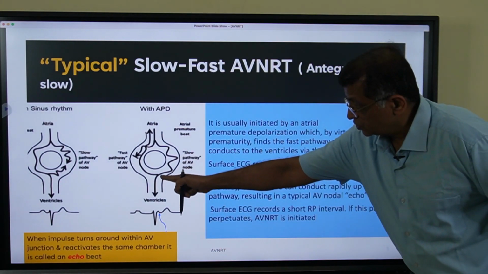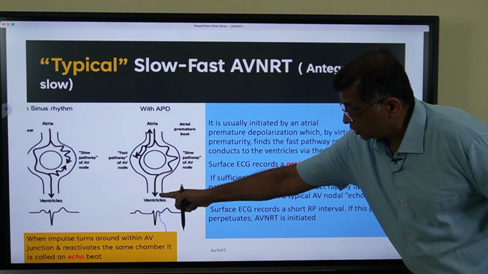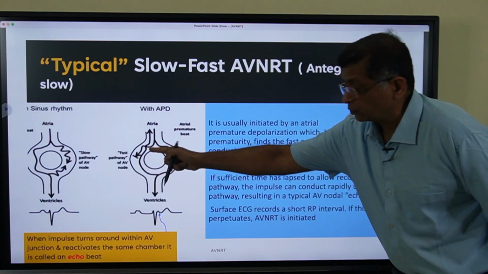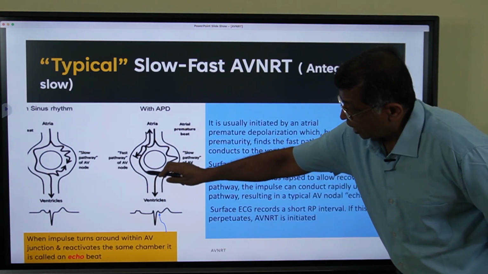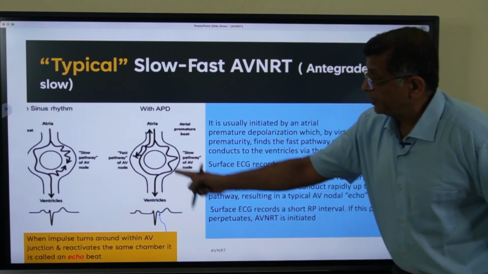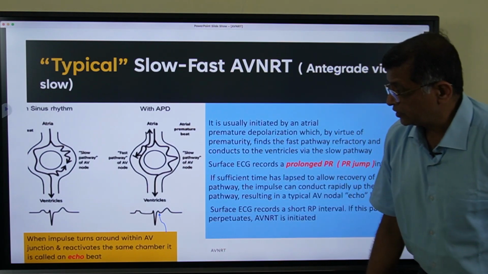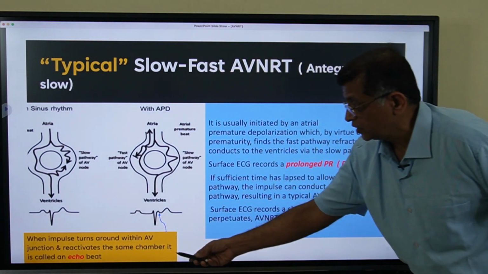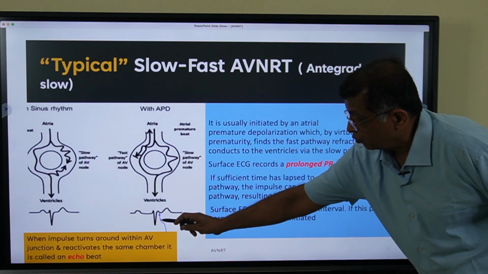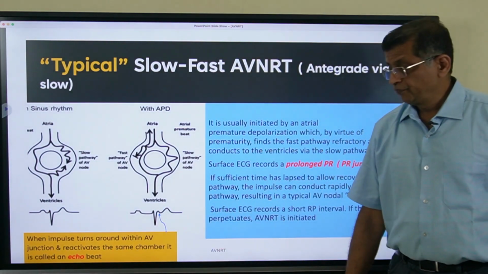By the time it reaches this point, it goes to the ventricle. Simultaneously, if the fast pathway has recovered, the current goes upstream retrogradely via the fast pathway and reactivates the atria. When this impulse turns around within the AV junction and reactivates the same chamber, this produces what is called an echo beat.